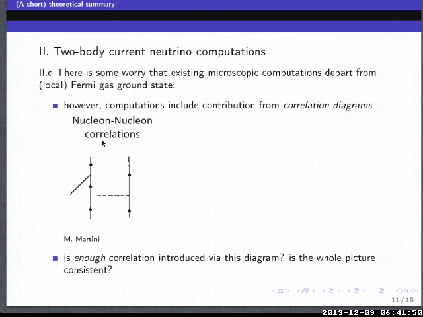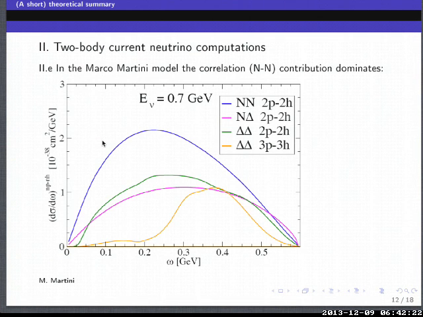The question, which I cannot answer but would be interesting to know, is what is the relation between this correlation and the correlations in the computations we have discussed before. In other words, to what degree is the picture we are obtaining consistent?